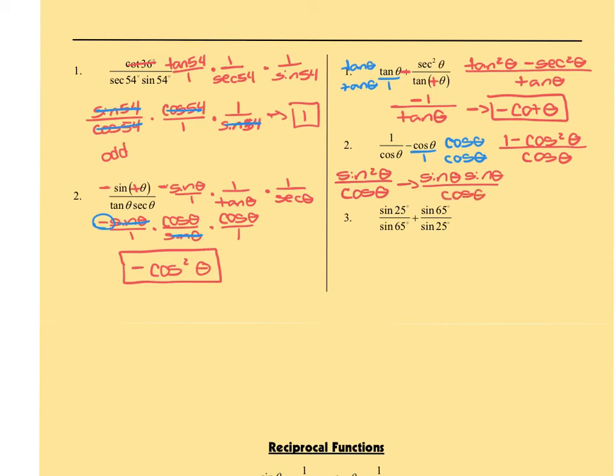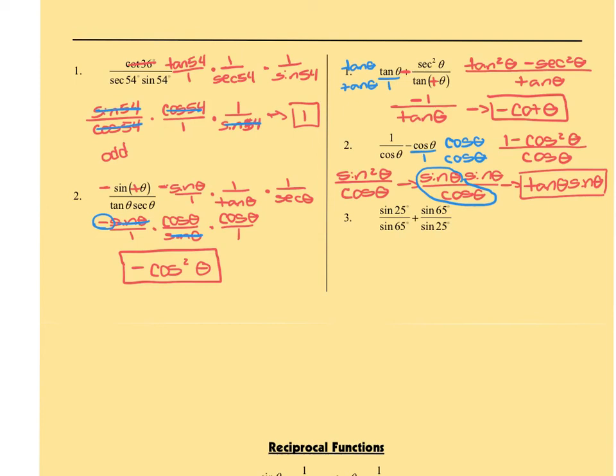What that lets me do is pull apart and group the sine over the cosine, which will then become a tangent theta, and then I'll still have one more sine theta there, and that will be my final answer.